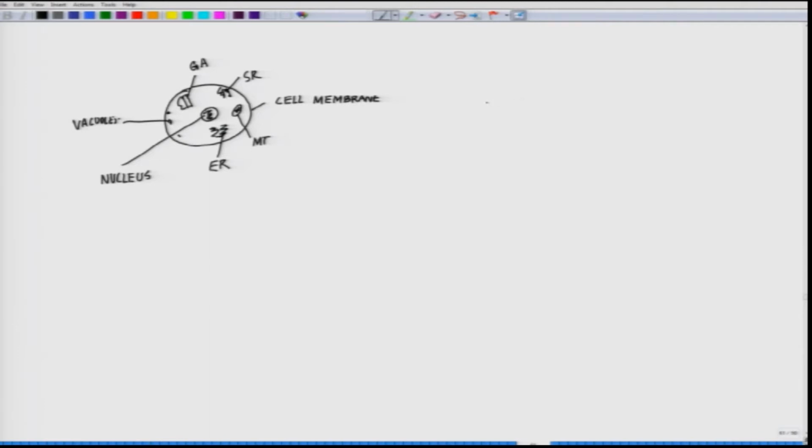So, now when you talk about neurons, some of these cells which are destined to become neuron, they follow a different course, and the way these cells grow is very interesting.